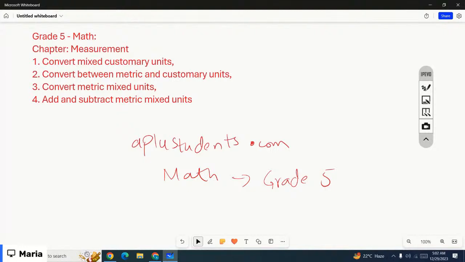We're going to start with the chapter measurement, and the lessons we're going to cover today are convert mixed customary units, convert between metric and customary units, convert metric mixed units, and add and subtract metric mixed units.